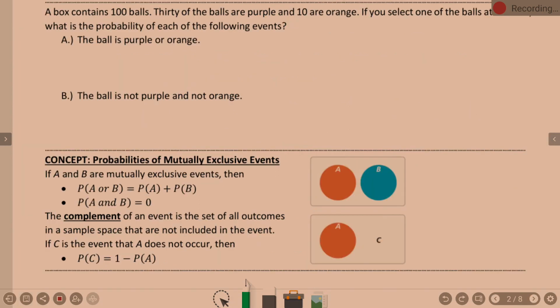Okay, next section. A box contains 100 balls. 30 of the balls are purple and 10 are orange. If you select one of the balls at random, what is the probability of each of the following events? So A is asking the probability that the ball is purple or orange.